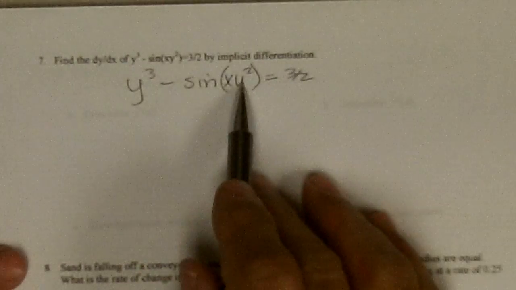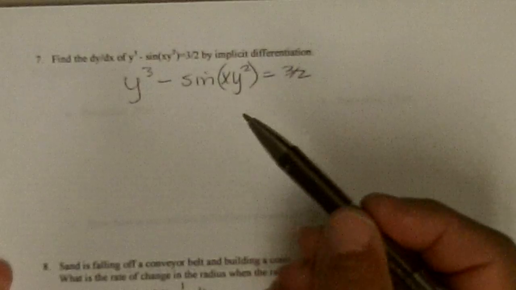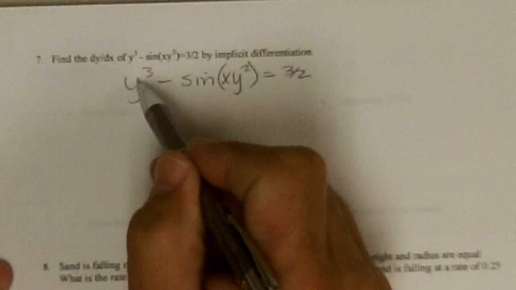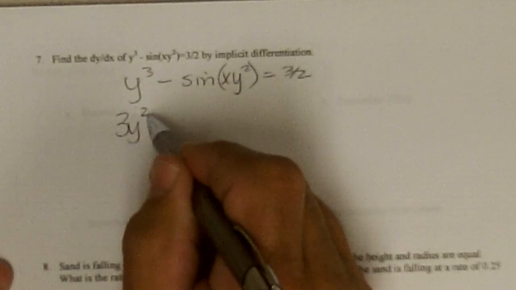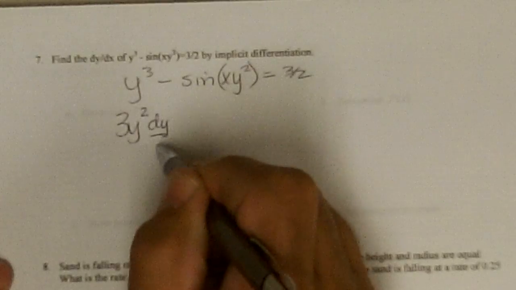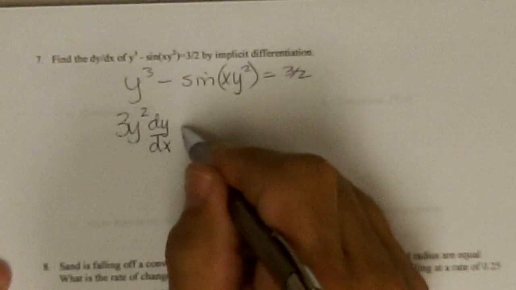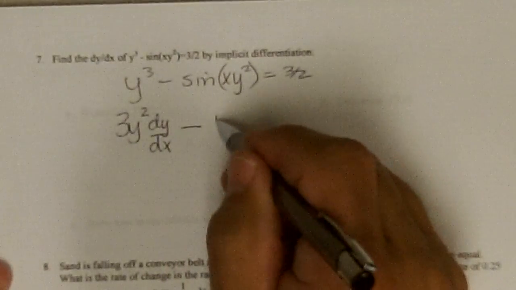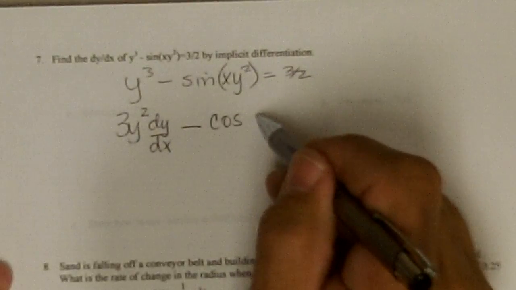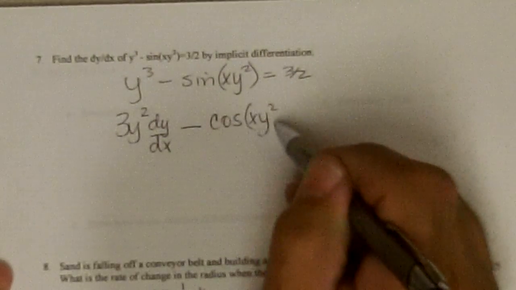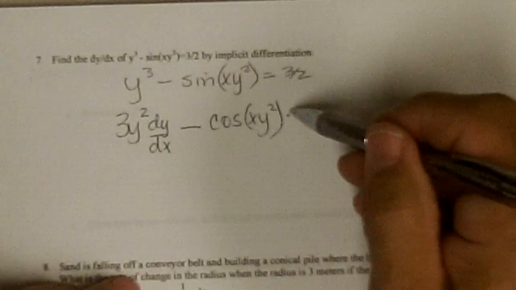Alright, so we got x's and y's, not easy to solve for the y's, so we have to do this one implicitly. So the derivative of y to the third would be 3y squared dy dx minus, and the derivative of sine is cosine, and that's the big picture here, of xy squared times the derivative of the inside, which happens to be a product.